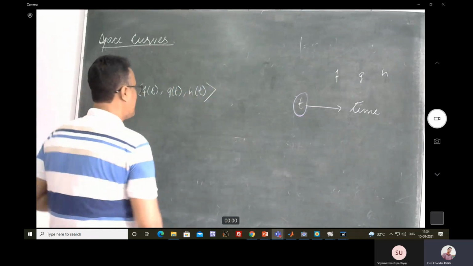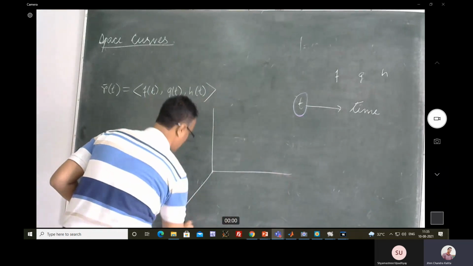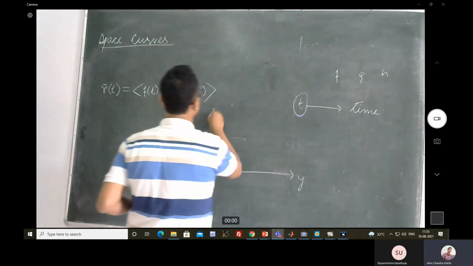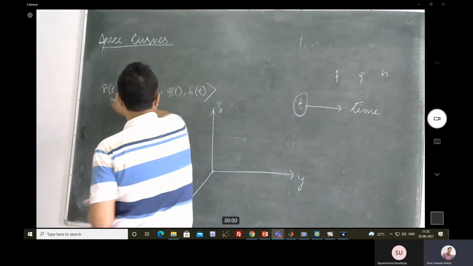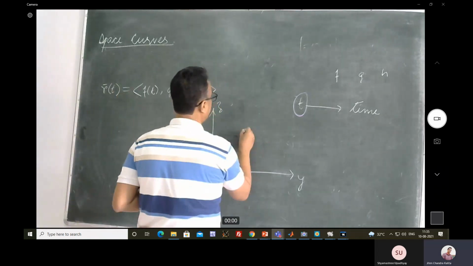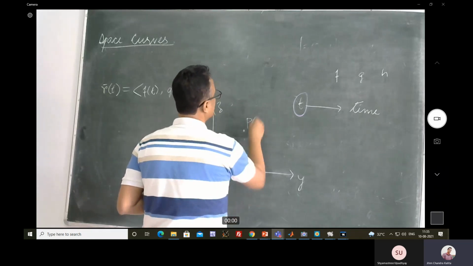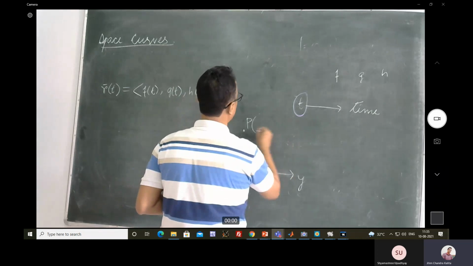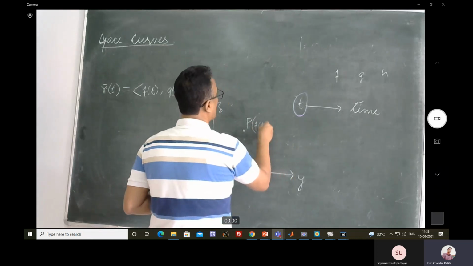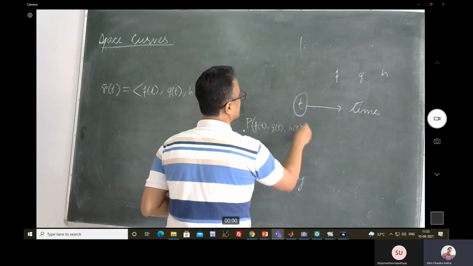That means I can relate this vector to a point P here, in three-dimensional space, in such a way that its coordinates are f(t), g(t), h(t).